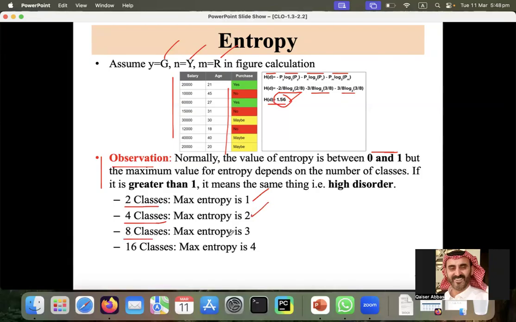For 8 classes, you will have 3. For 16 classes, you will get 4 maximum. And if you have fewer classes, you will get something in between. You can understand. But this is something shared in the literature and calculated after evidence.